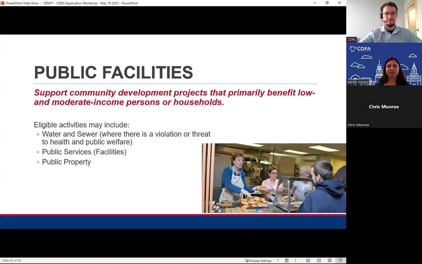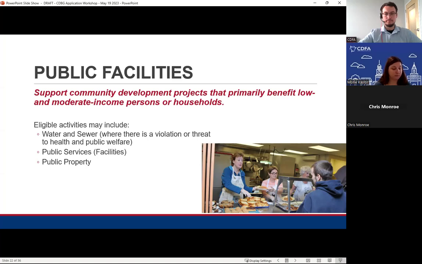But the key takeaway for water and sewer activities is that it has to be serving a primarily residential area. And again, like all the activities that we're funding through the New Hampshire CDBG program, it has to be benefiting predominantly low to moderate income individuals.